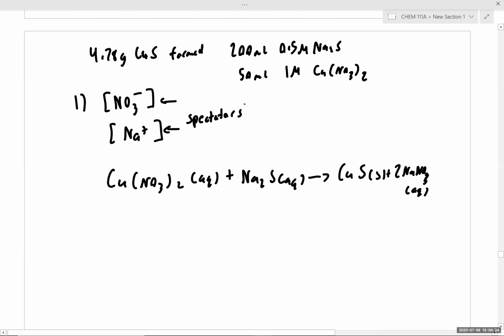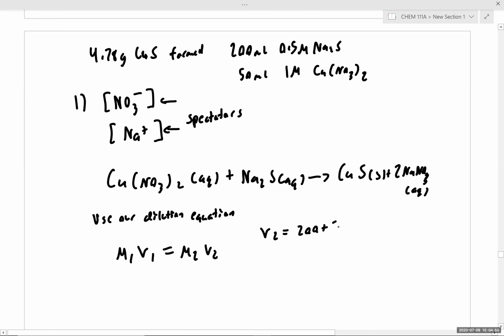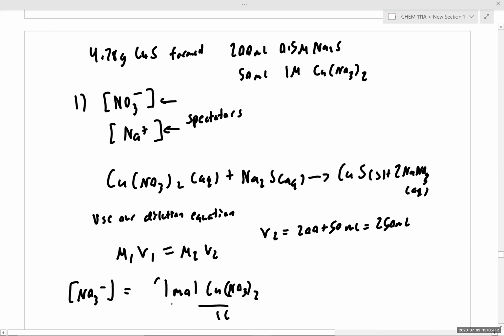So as a result, we can use our dilution equation. So we know M1V1 is equal to M2V2, where V2 is equal to 200 plus 50 milliliters, which gives us 250 milliliters. So for the concentration of nitrate, we know that we have 1 mole of copper nitrate per 1 liter.